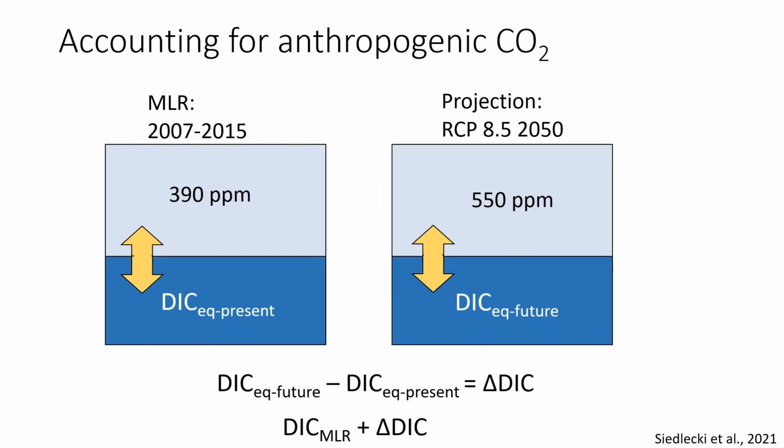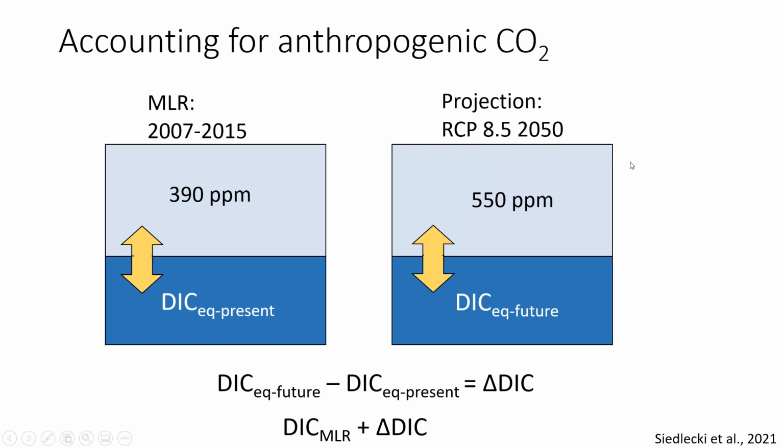To estimate the saturation state for future conditions, we calculated the DIC concentration in equilibrium with the atmosphere for the model calibration period. The ROMS projections were according to RCP 8.5.